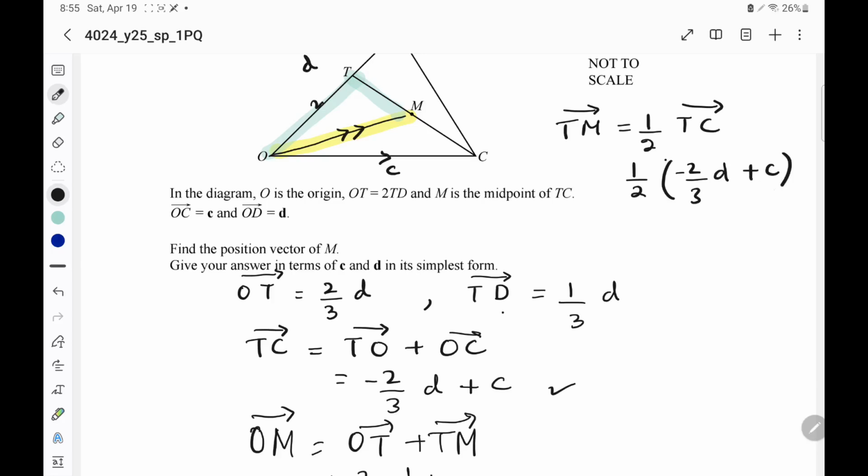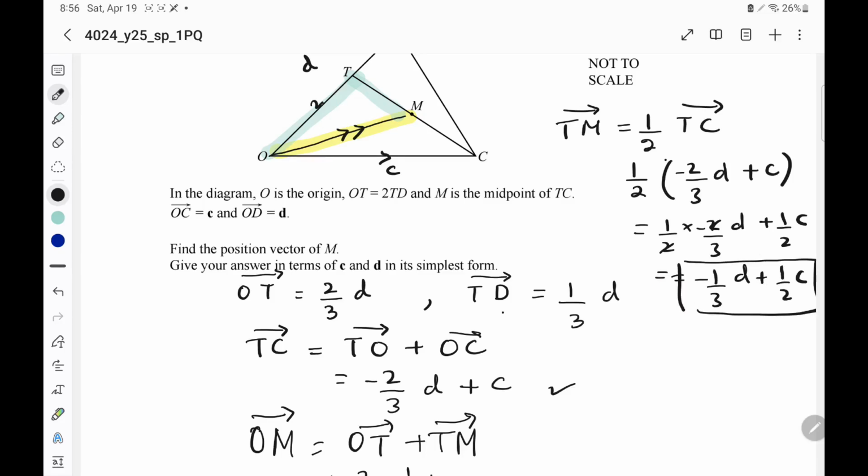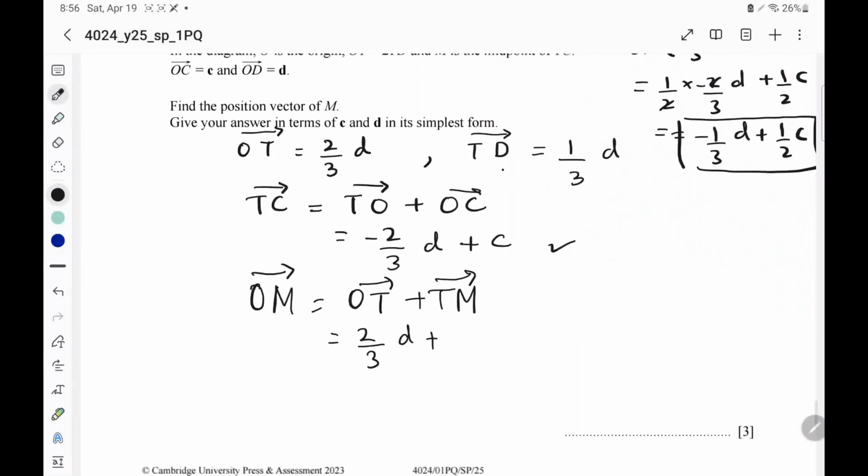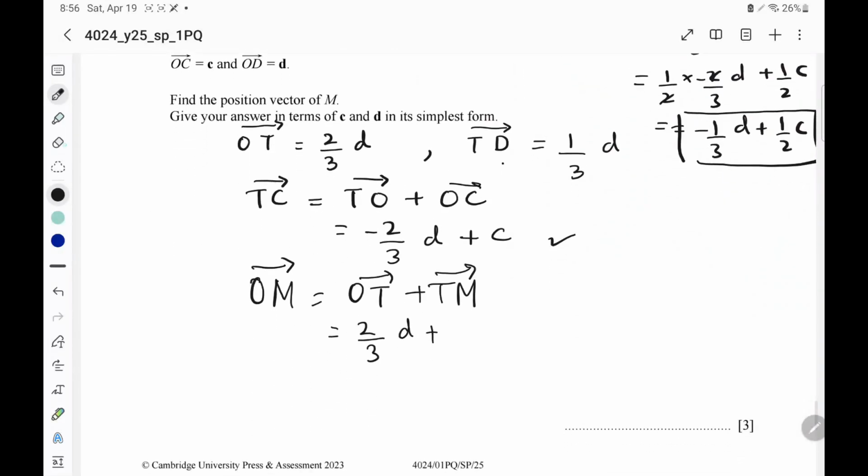and C. So half of minus 2 over 3D, and then we have half of C. That is minus 1 over 3D plus 1 over 2C. We just write down this one in place of TM. So that is minus 1 upon 3D plus 1 upon 2C.